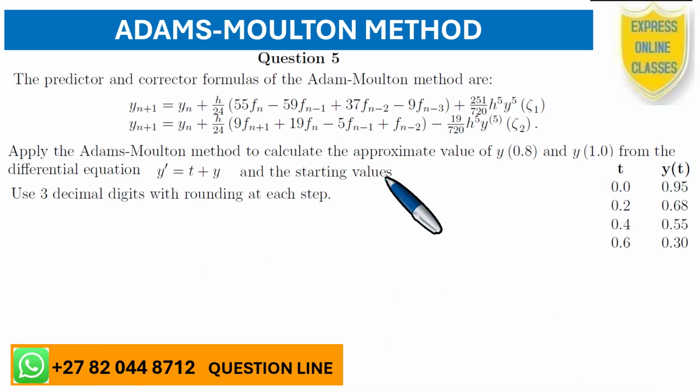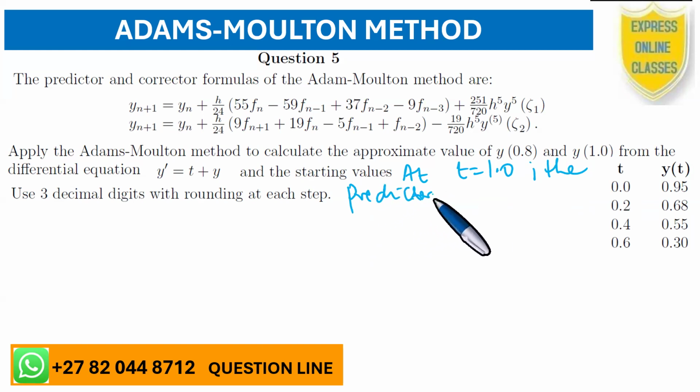Next, we're going to look at what happens at t equals 1.0. The predictor, which is at 1.0, is going to be exactly at y6.